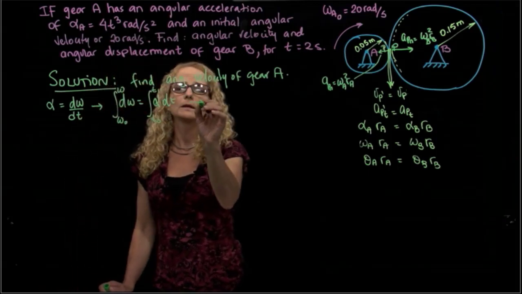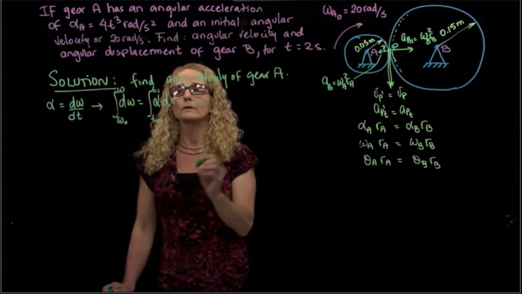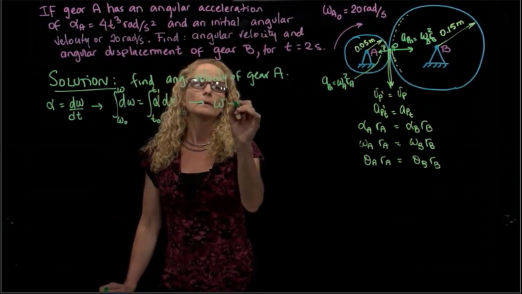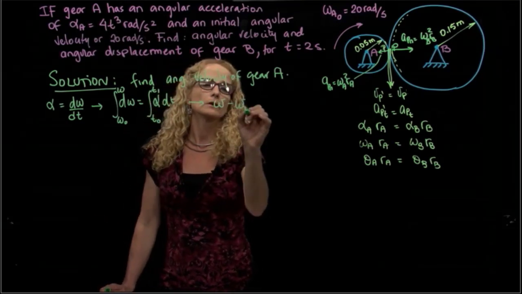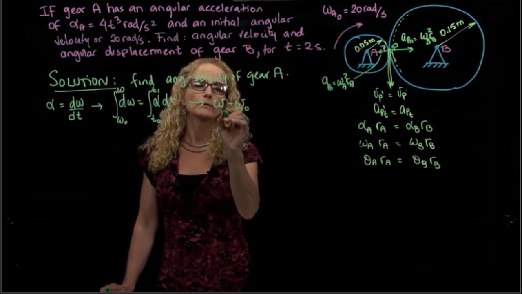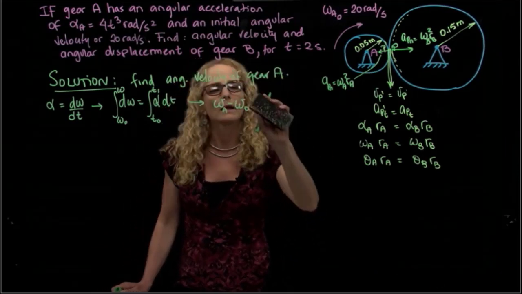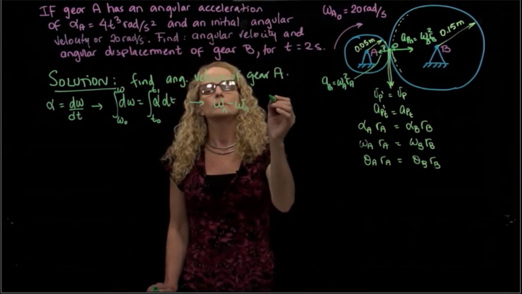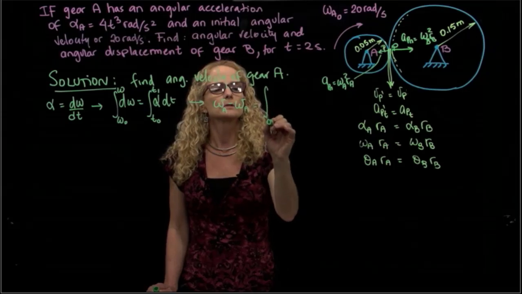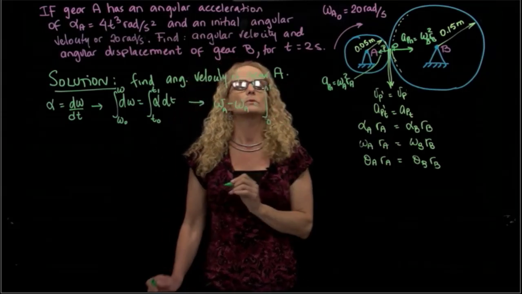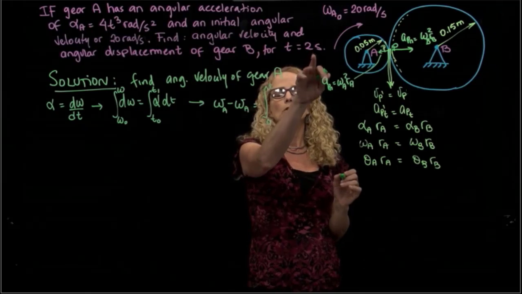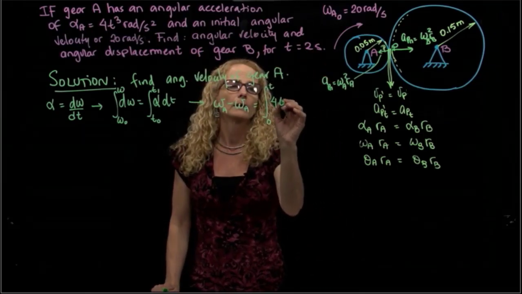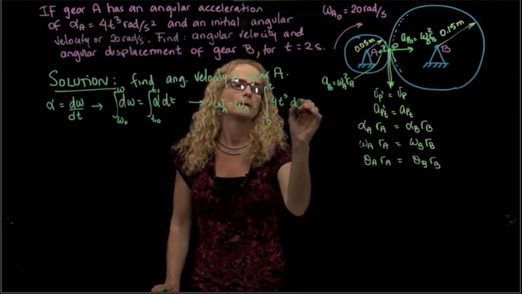If we integrate, we get the angular velocity at a specific time minus the initial angular velocity, for A, equal to the integral from 0 to time. I know I will substitute 2 at the end, but at this point I'm going to integrate as a generic t.